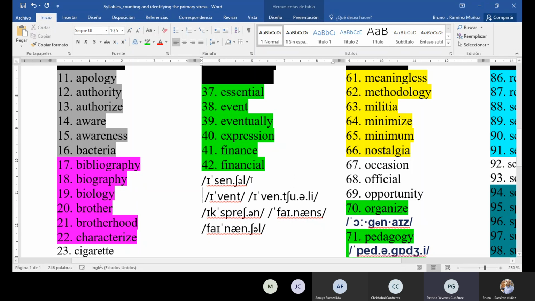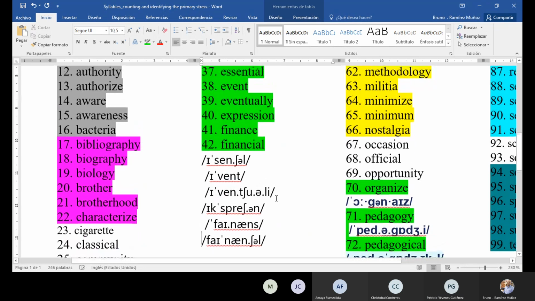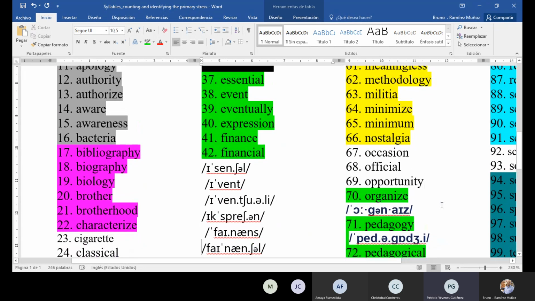Event has only 2 syllables, and the prominent sound is in the second one. The third will be eventually. It has 5 syllables, and the prominence is in the second one.